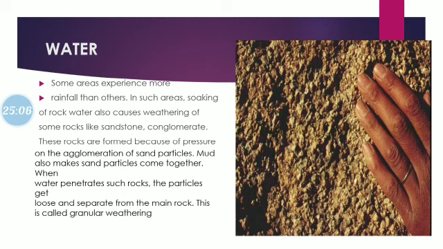When the water penetrates, the particles in the rocks loosen and separate from each other and from the main rock, and weathering occurs. So this weathering is called granular weathering. In this type of weathering, the particles look like grains, and so it is called granular weathering.